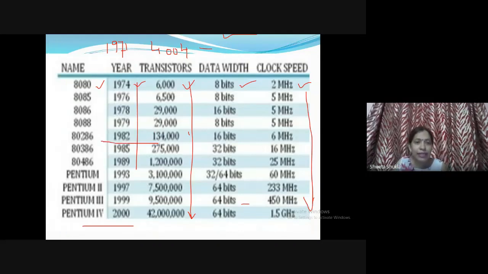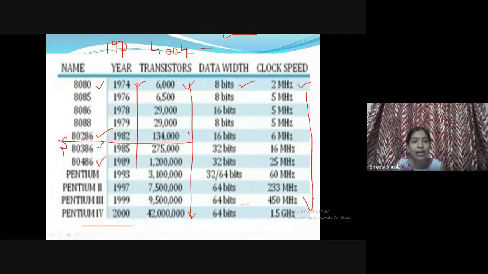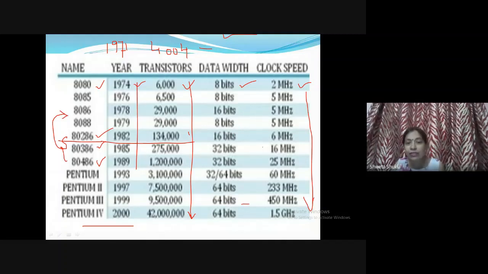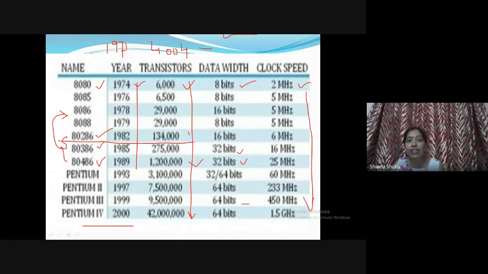In 1982 they started with more than 1 lakh transistors. The 80286, 80386 and 80486 are extended versions of the 8086. The 8086 is 16-bit, and the extended versions use 32-bit data. The number of transistors also increased in the 386 and 486 compared to the 8086, which used only 29,000 transistors.